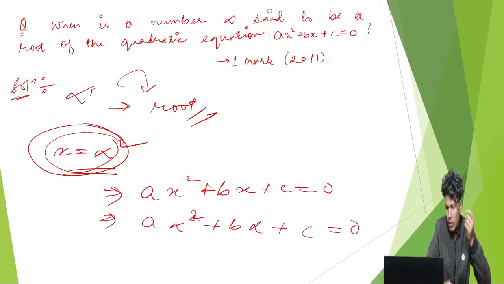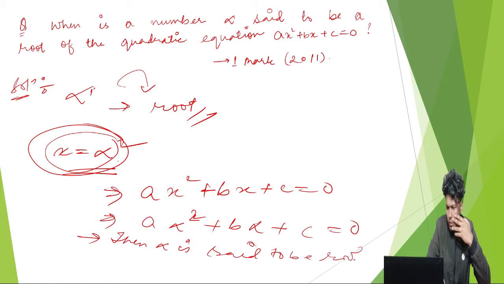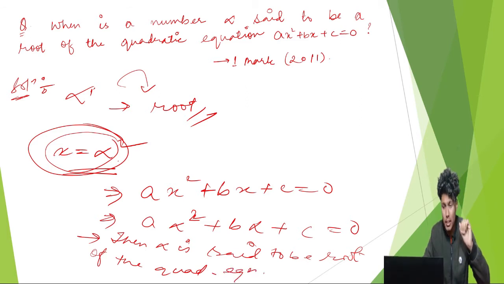So when in these equations alpha occupies the space of x, then alpha is said to be a root of the quadratic equation. You understood that. Instead of x, if x is equal to alpha, then that is the root. This was one more question asked in 2011.